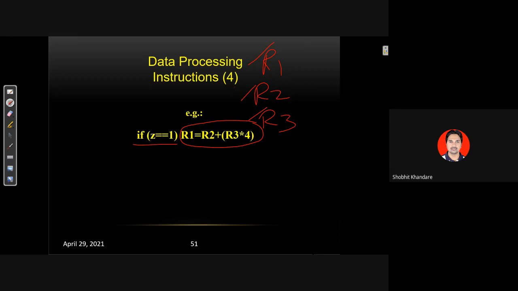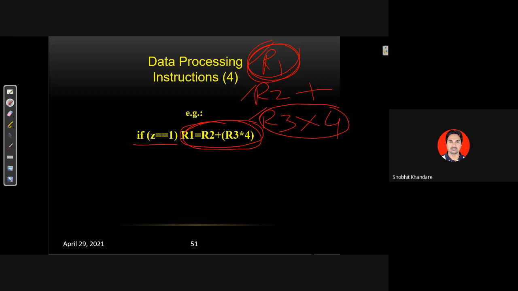Now what is this operation doing? Please pay attention. First, R3 is multiplied by 4; the asterisk is nothing but multiply, so R3 will be multiplied by 4. After that, the result is added with R2, and the result of R2 plus R3 into 4 is stored in R1.